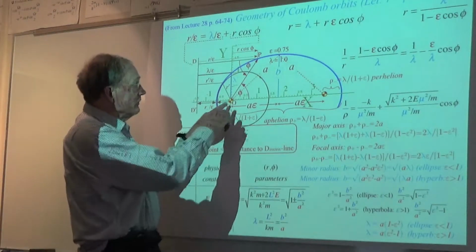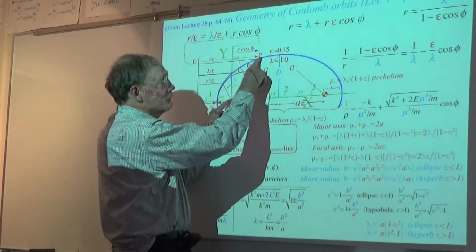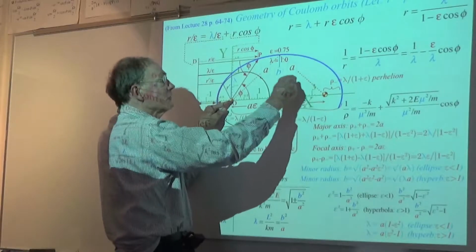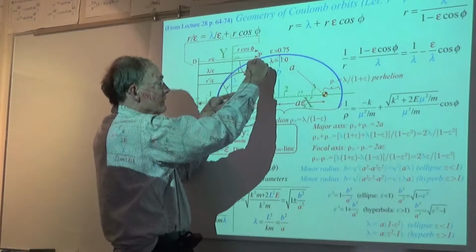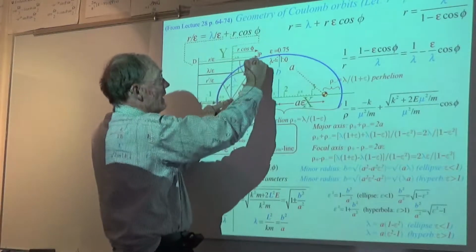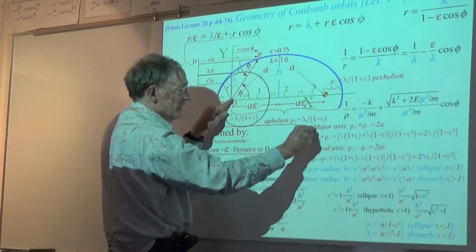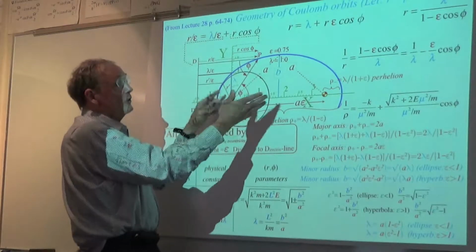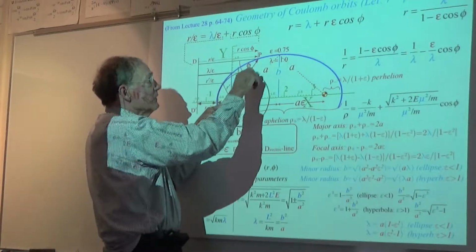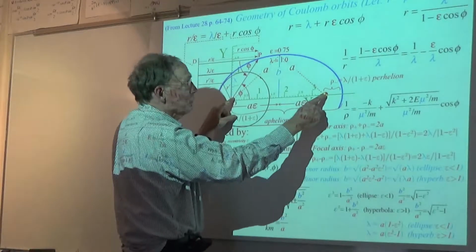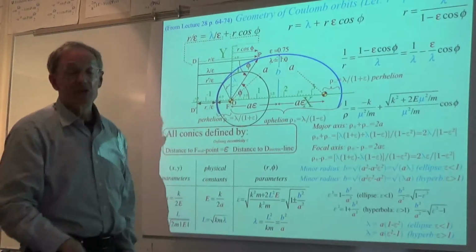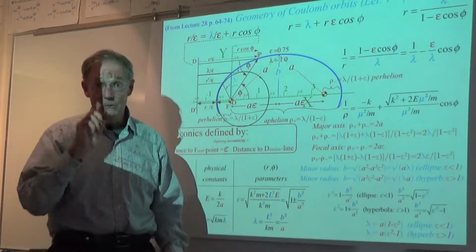The 2a is the length of the string that's making this orbit. When you put a thumbtack here and a thumbtack here and a string up to the orbit and make the string exactly 2a in length, that will then draw the ellipse. And there's a similar construction for the hyperbolas where instead of having the sum of these two radii be equal to 2a, the hyperbolas all have the difference between the radii be equal to 2a.